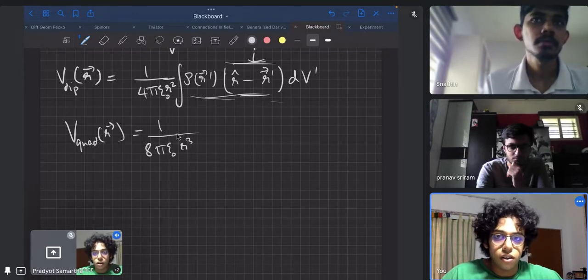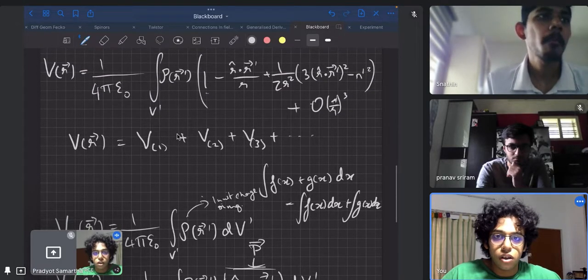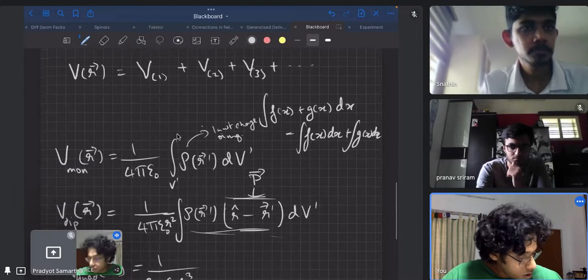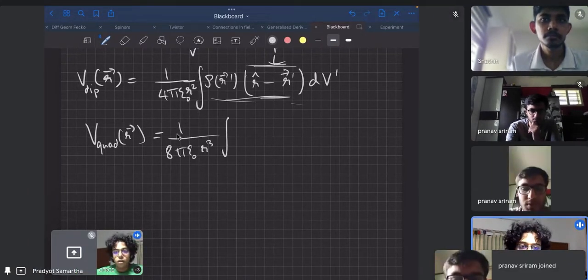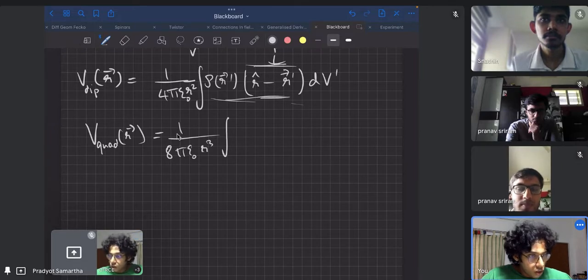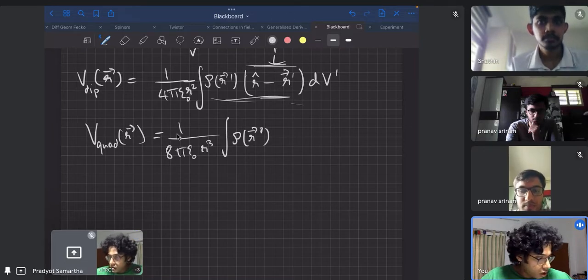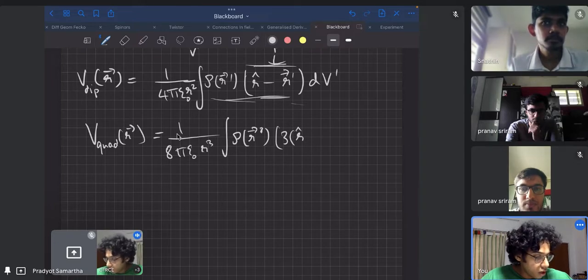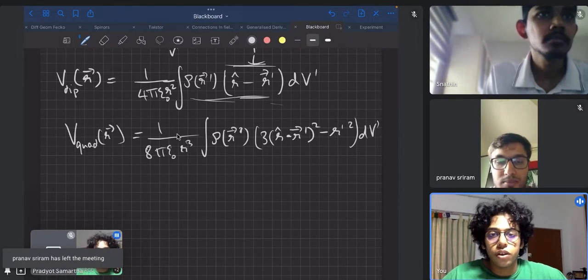So you have to bring this out, so you have R square here, and then you have R cube, and the integral of rho of R prime, and we have 3 times R cap dot R prime whole square minus R prime whole square dV prime. So this is essentially what you have, right?